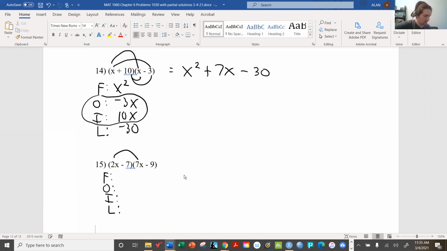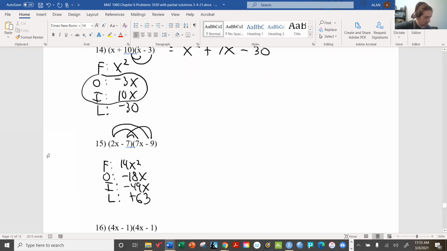All right, so here we'll have 14x squared minus 18x. The inner one is minus 49x. And last is positive 63. All right, so we're going to have 14x squared.